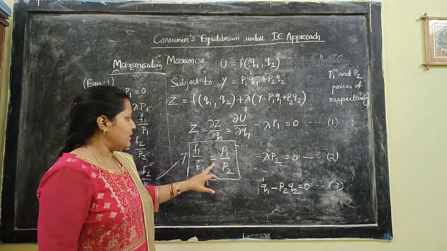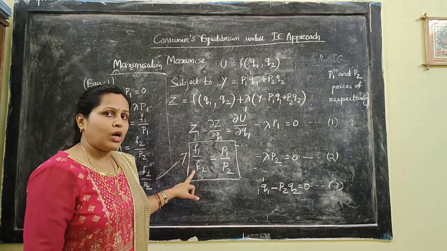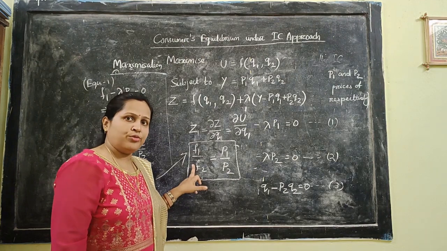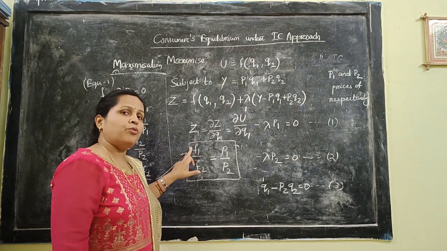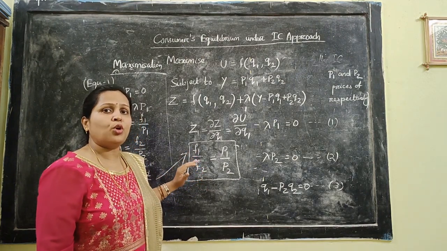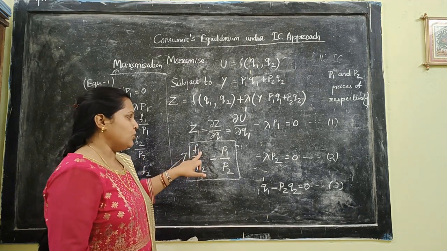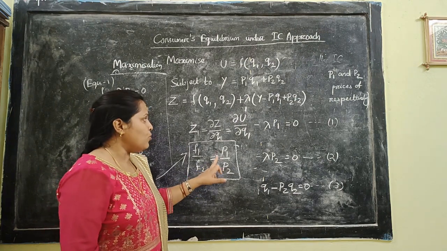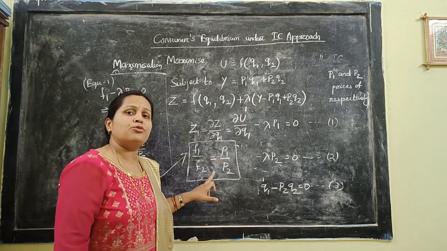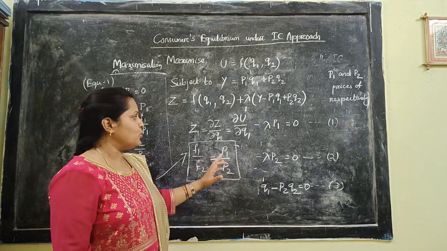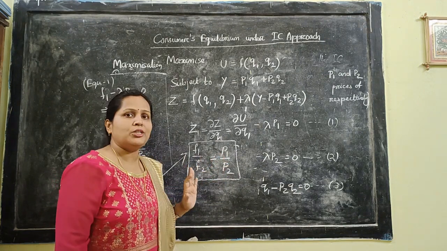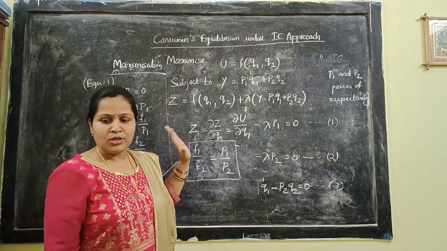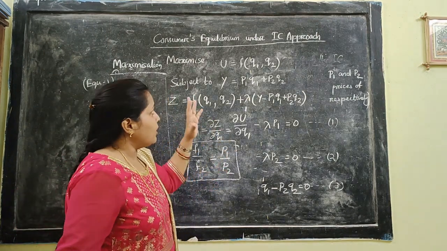That is, F1 by F2 is the slope of the indifference curve, the ratio of the marginal utilities of the commodities, marginal utility of commodity 1 to marginal utility of commodity 2. This is equal to the slope of the budget line, which is the price ratio of the two commodities, P1 by P2. So this is the first condition that we derived mathematically for the consumer's equilibrium.